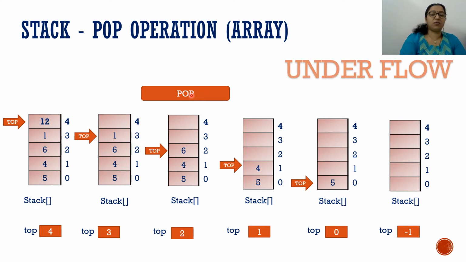Stack underflow. So we'll get an underflow message. When top is -1, that means the stack is empty. That situation is called the underflow concept. Clear? Now we can implement the algorithm for this pop operation.